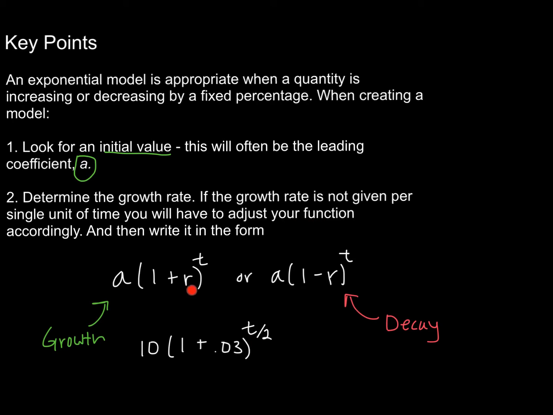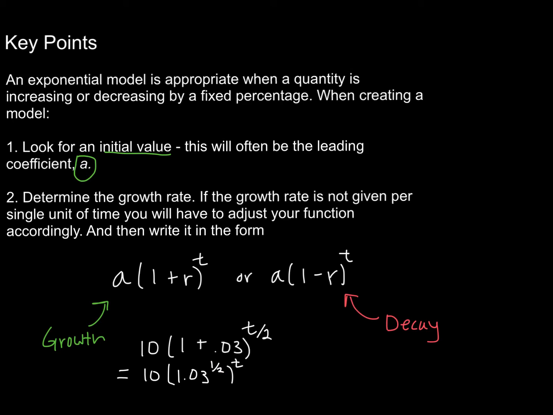And then you can go ahead and write it in this form. So if this is how I've got my function, I can rewrite it as 10 times 1.03, and I can raise 1.03 to the 1/2 and then to the t power. This allows me to get a more easy to explain growth rate in terms of per year.